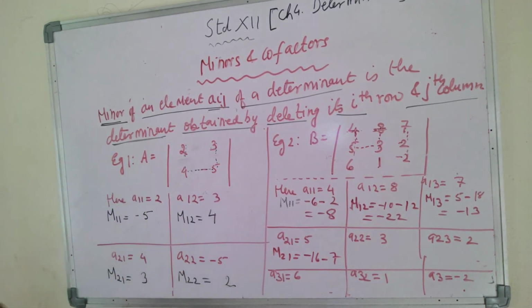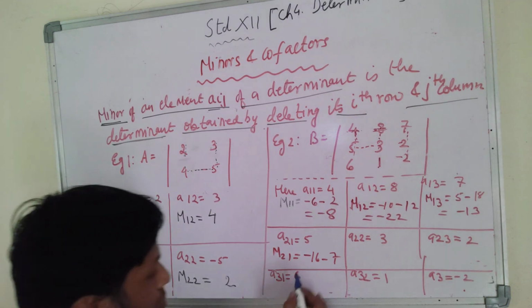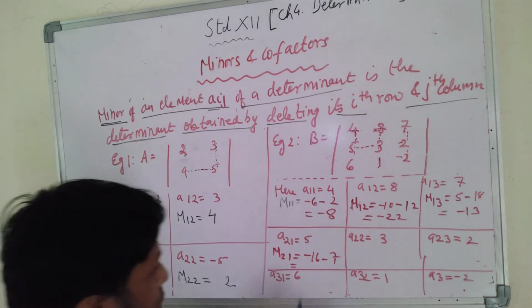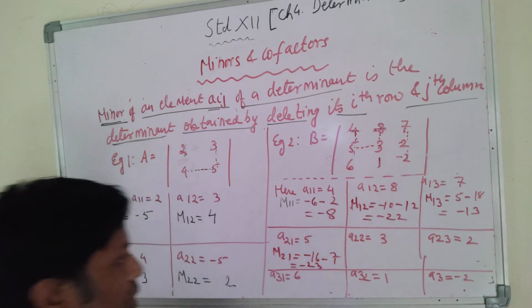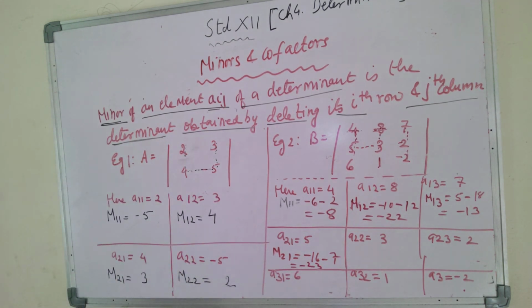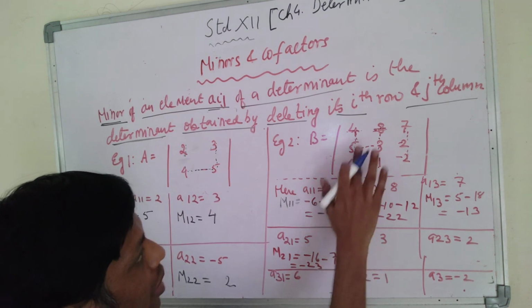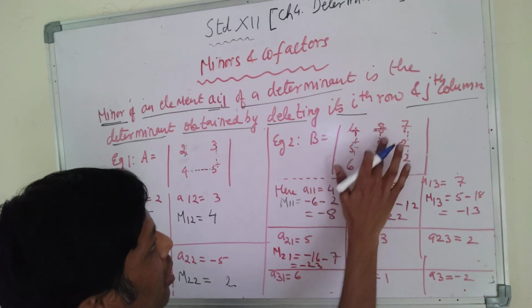So minus 16 minus 7 is minus 23. Similarly, find M22, the minor for the element 3.